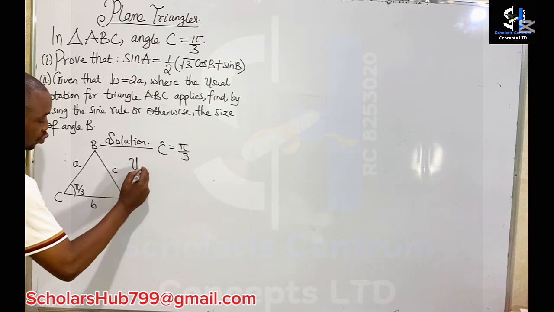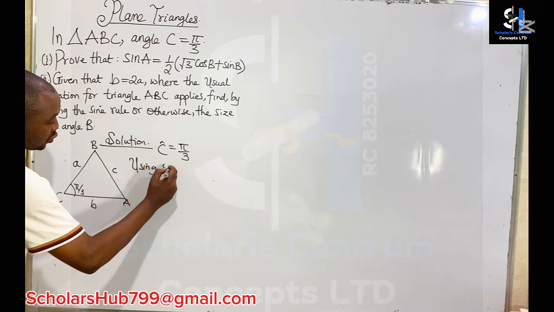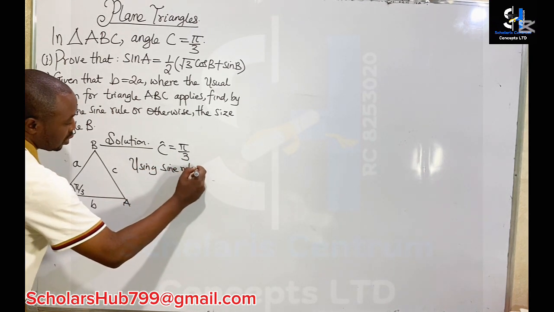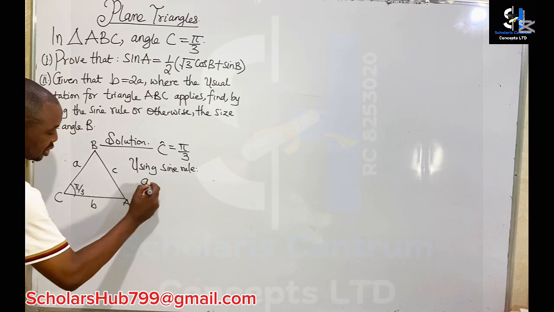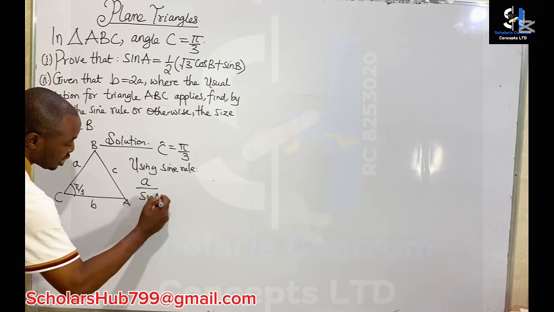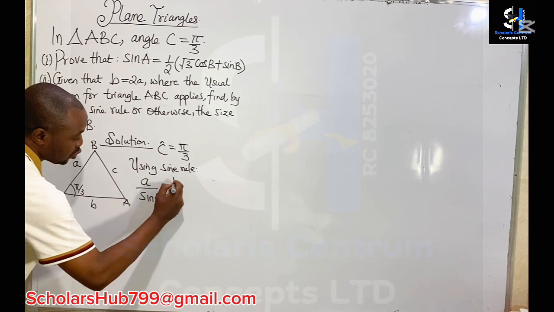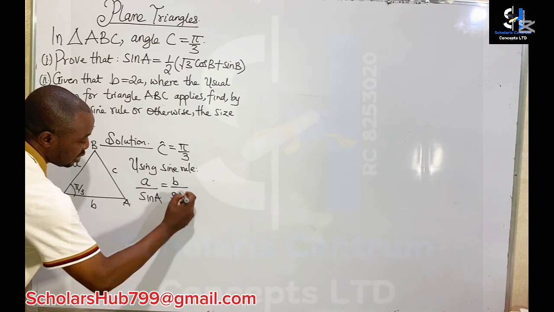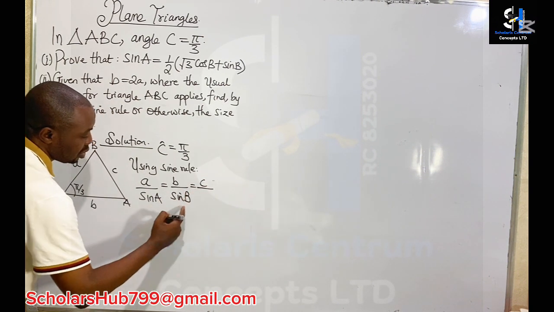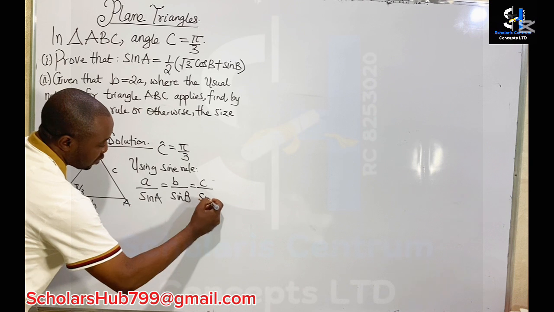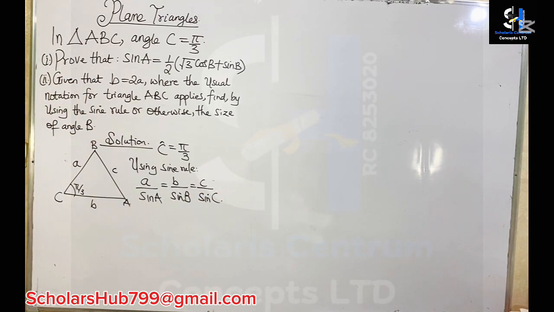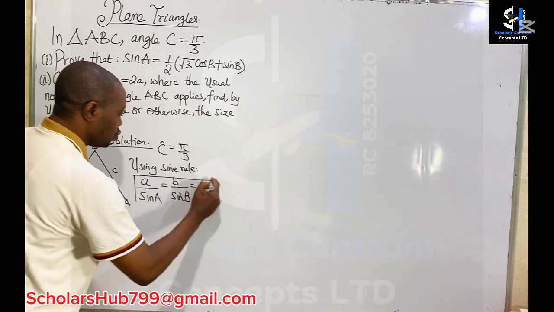So using the sine rule, we know that the sine rule states that side A over sine angle A equals side B over sine angle B equals side C over sine angle C. This is the sine rule.